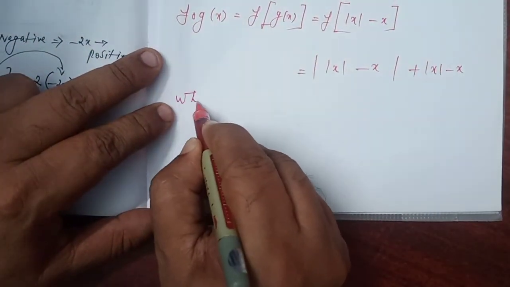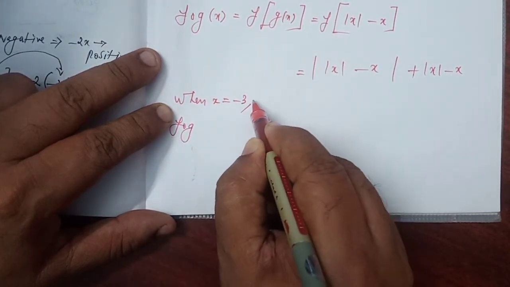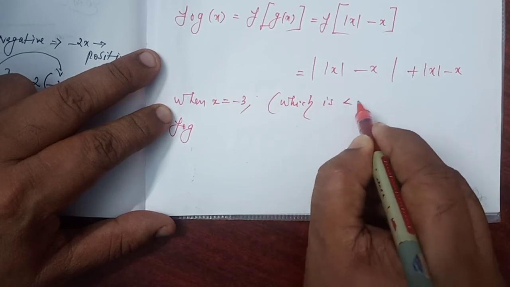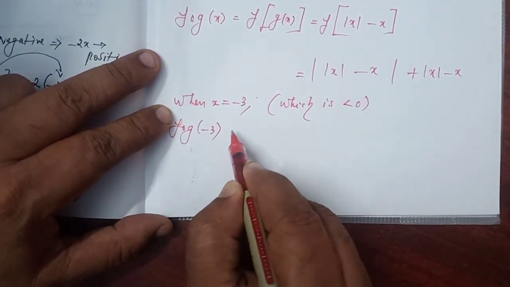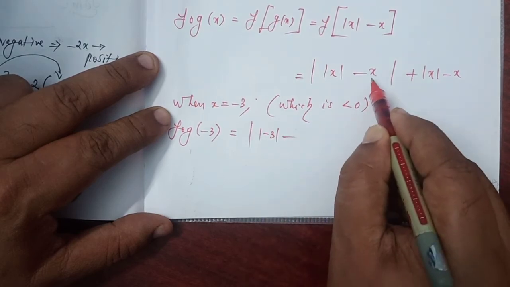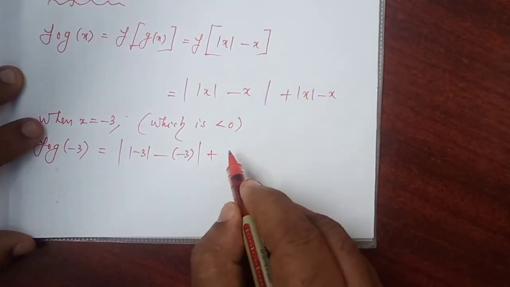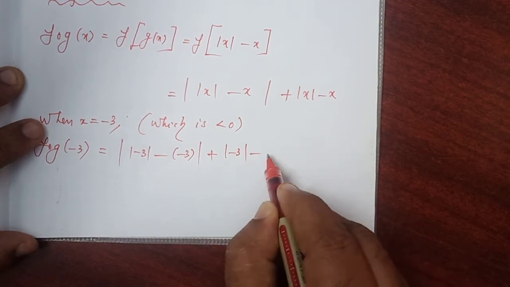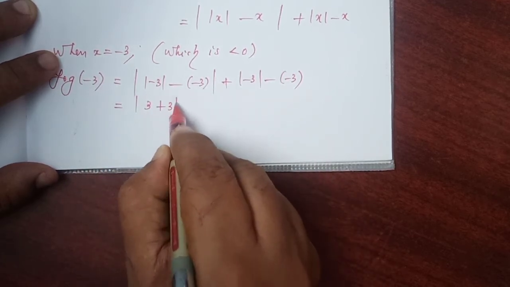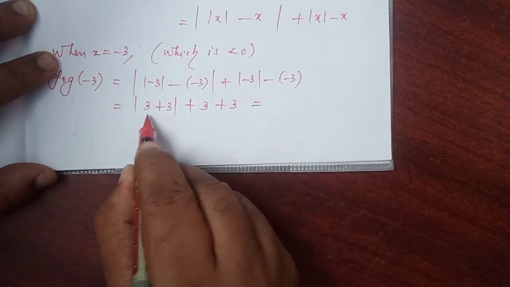When x is equal to minus 3, f dot g of minus 3 is equal to modulus of minus 3 minus x plus modulus of x, that is, modulus of minus 3 plus 3 plus modulus of minus 3, which is 3 plus 3, that is 6.